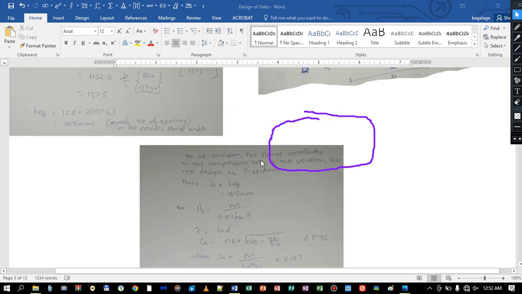Alright, so at midspan the flange contributes to the compression area of the section, so we design as a T section, as b is equal to B. So this is our widest breadth of the section, and we shall design for it.